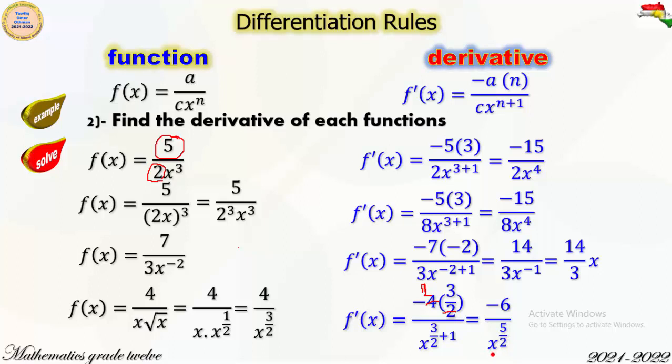You can write this one as a root. It becomes square root times x squared, by dividing 5 over 2. 5 divided by 2 is 2, 2 times 2 is 4, 5 minus 4 is 1.